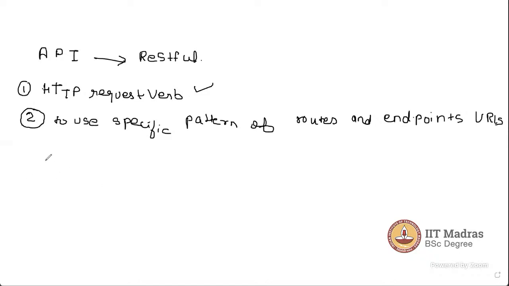They are nothing but get, put, post, patch, and delete. These are the five most important and most broadly used HTTP verbs.